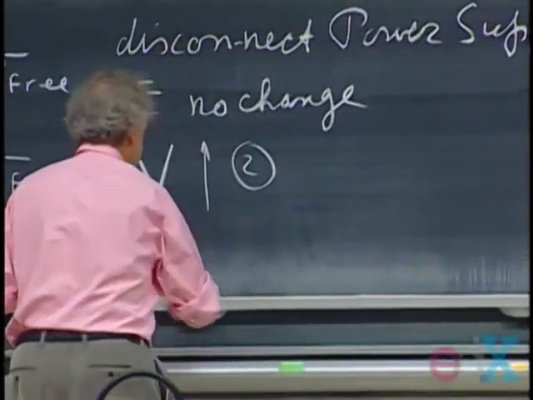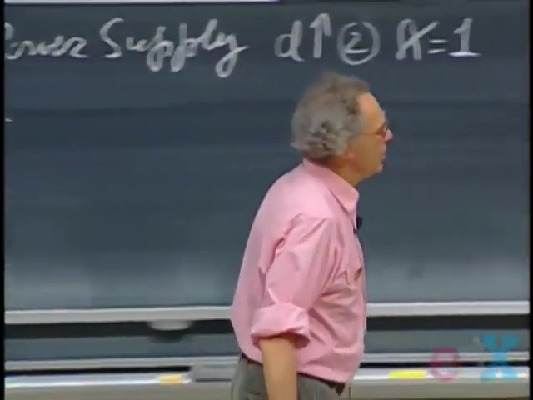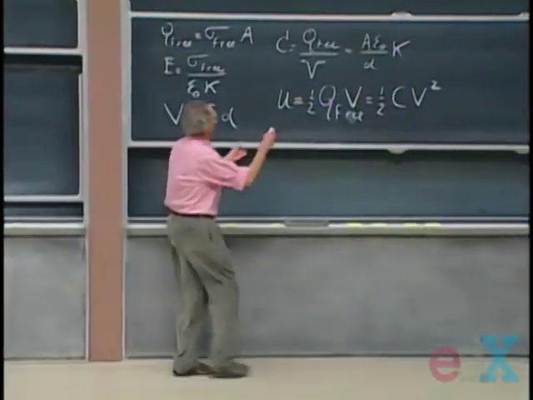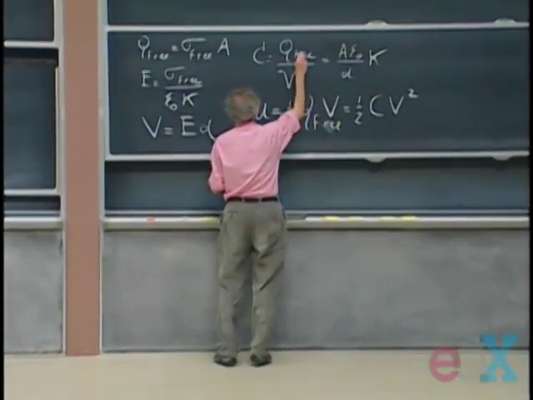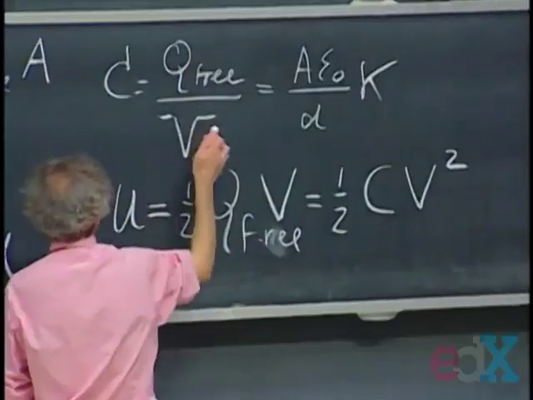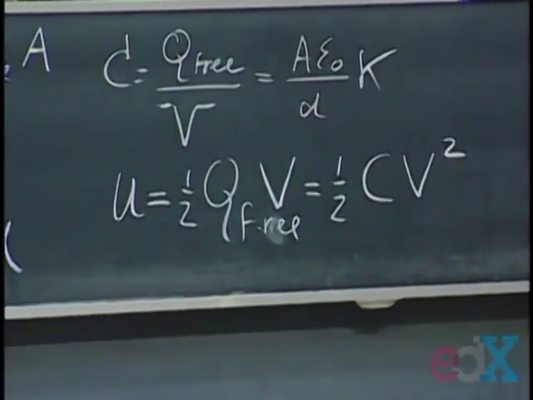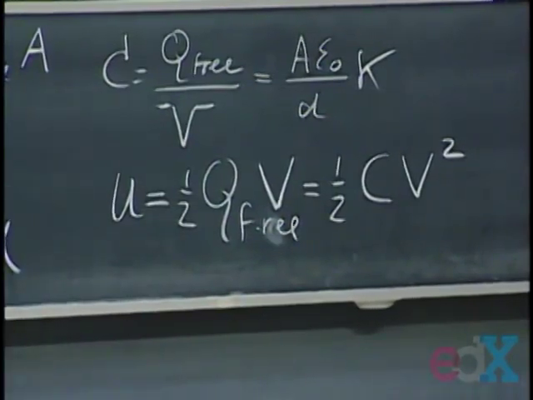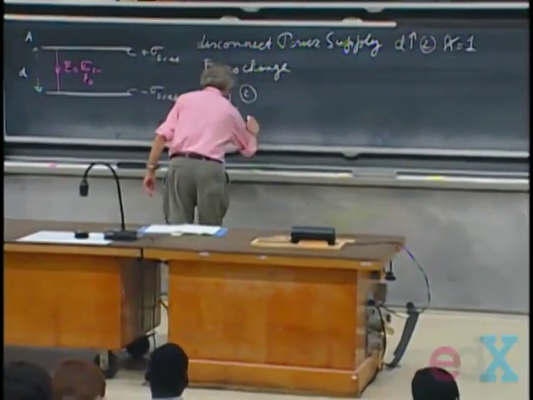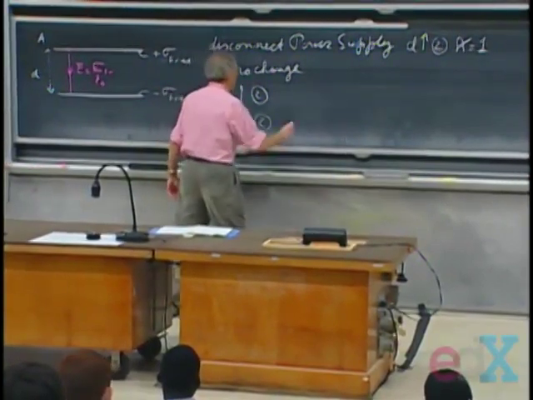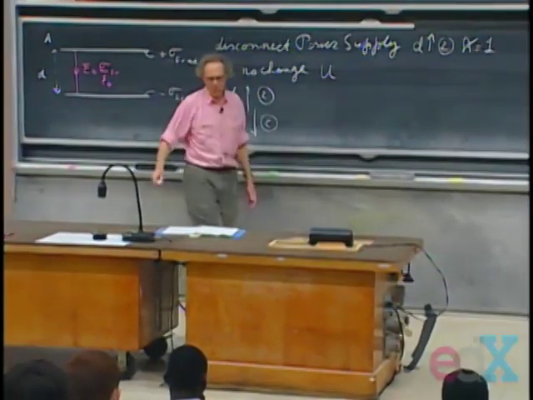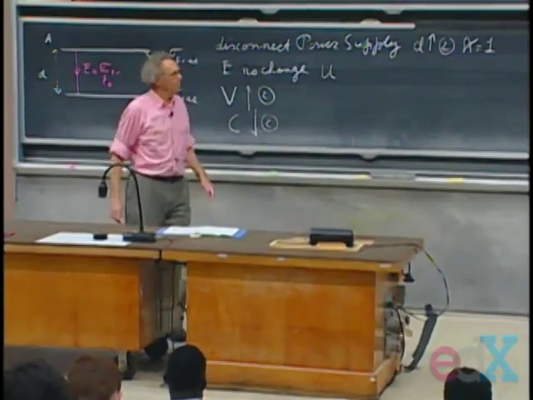What happens with the capacitance? Well, the capacitance is Q free divided by V. There's a Q missing here. This one doesn't change. This one goes up by a factor of 2, so C must go down by a factor of 2. What happens with the electrostatic potential energy?